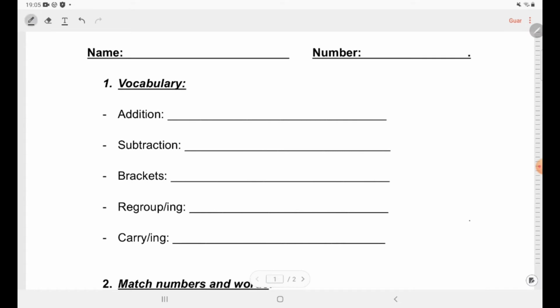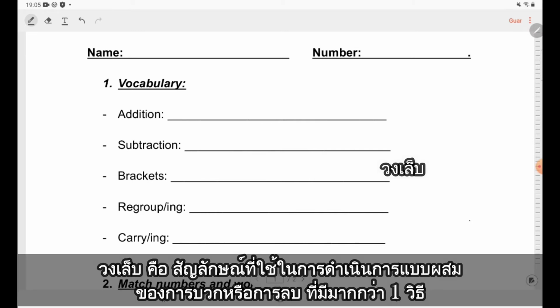The next word, let's read together. Word number 3, this one. Brackets. Brackets. This word is very important because it's the symbols that we use for an operation with mixed addition and subtraction.